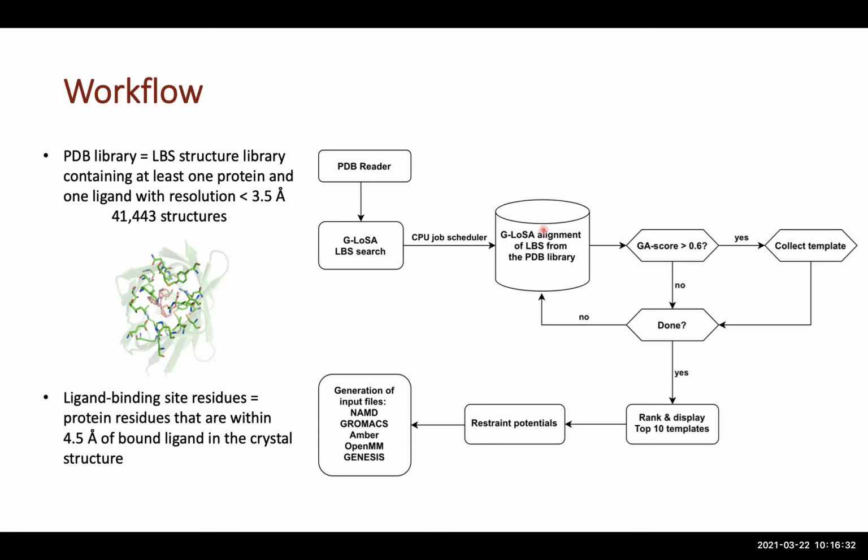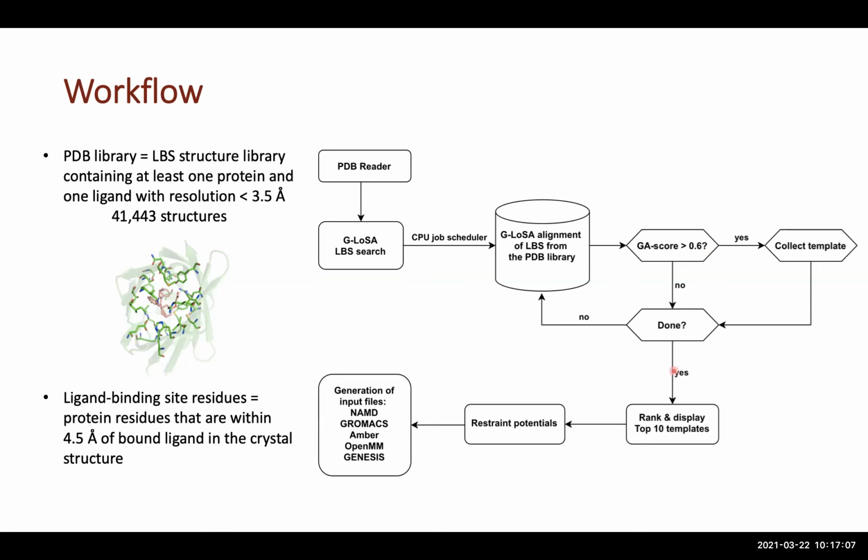And there we align all of these binding site templates on your query protein. The templates that come up with better than 0.6 GA scores are collected. We do this because we have shown through our benchmark studies that when a template aligns to a local structure on your protein and it has a GA score greater than 0.6, it is statistically significant that the two local structures are similar.